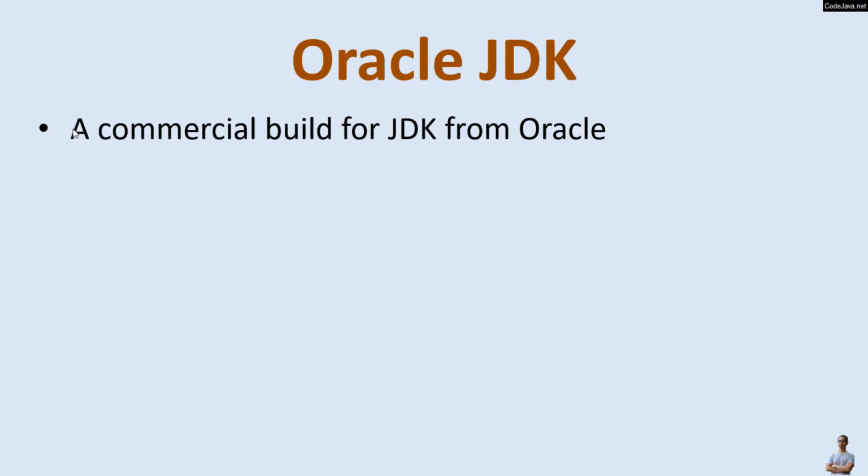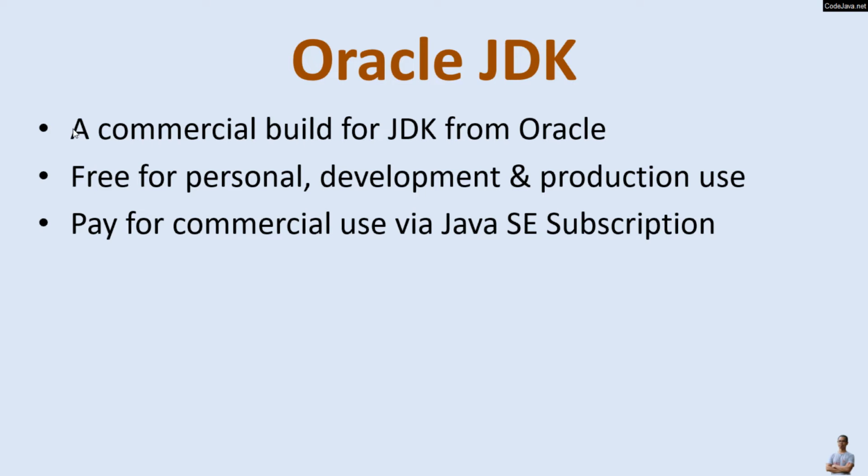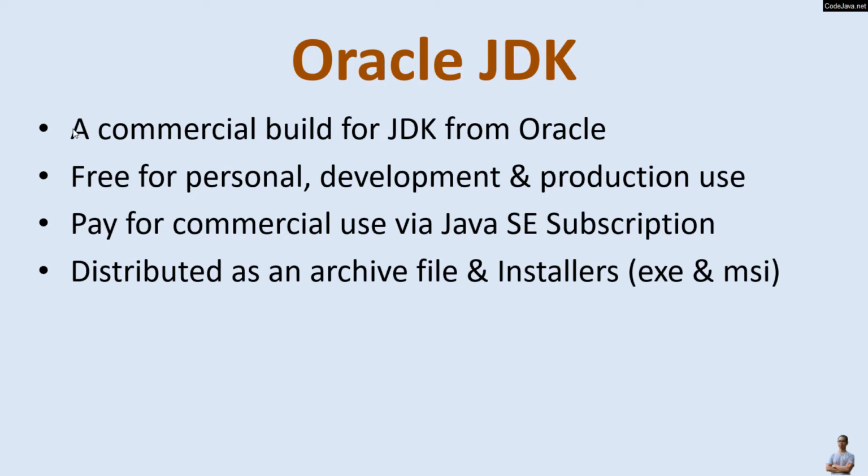Let's understand some brief information about Oracle JDK. Oracle JDK is the commercial build for Java Development Kit from Oracle Corporation. It's free for personal and development and production use, and organizations and businesses must pay for commercial use via Java SE subscription.